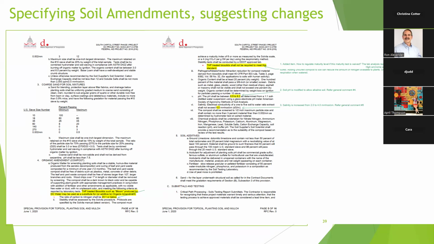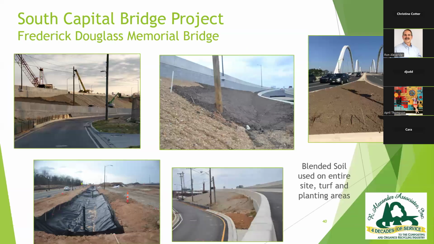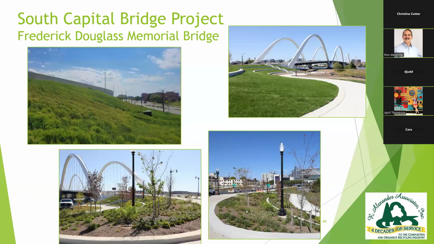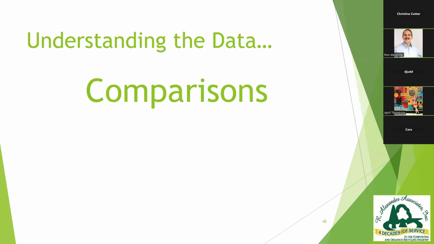But a key aspect here is if you have to swap materials out, they obviously have to be comparable in nature. And here's the project as we finished it off. We were able to lower the cost of the project and keep the project rolling because they couldn't get compost. We brought in a different product, and we were able to show that we could make as good of a soil less expensive.